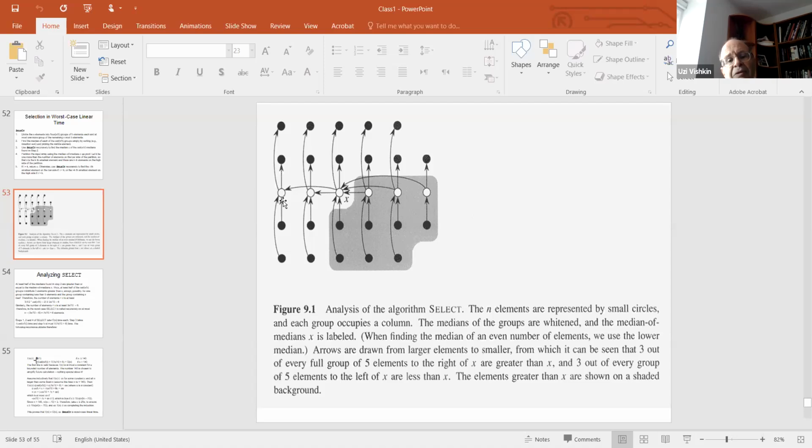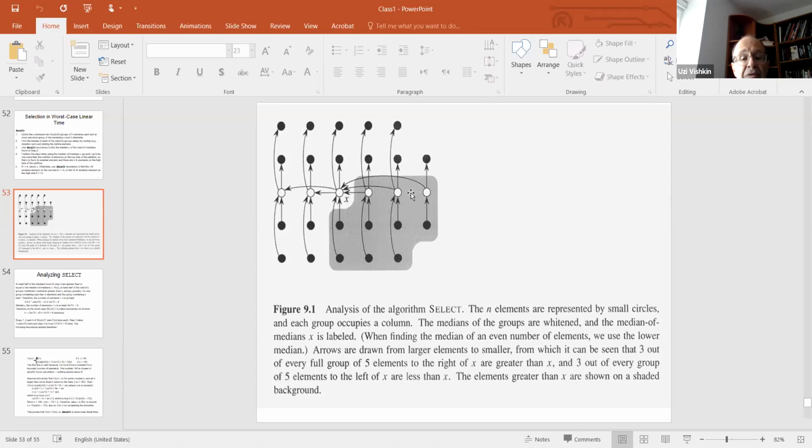The next thing that we do is that we call recursively the algorithm. Remember, this is a selection algorithm. So you give it n elements, you say, I want you to find the i's largest. In particular, the i's largest can be the median. So we tell it now, find the median of medians.